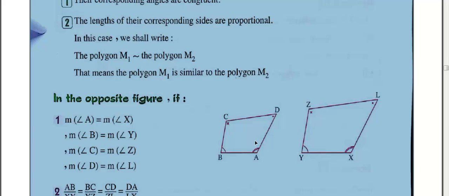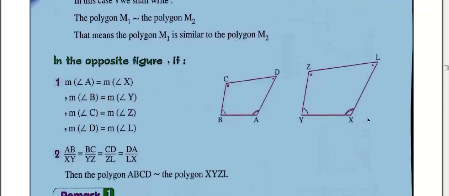Look at this figure: A, B, C, D, and X, Y, Z, L. In the opposite figure, if measure of A equals measure of X, measure of B equals measure of Y, measure of C equals measure of Z, measure of D equals measure of L, and the proportion AB over XY equals BC over YZ equals CD over ZL equals DA over LX.